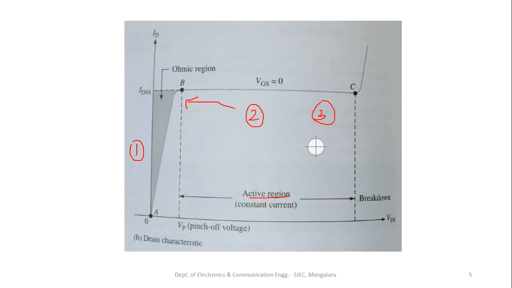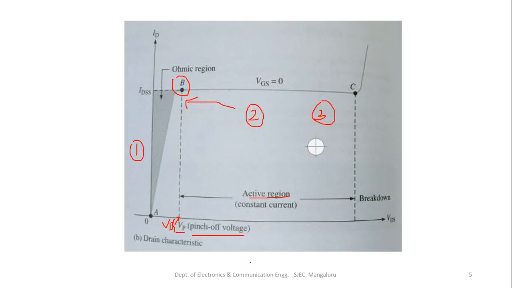Now for VGS equal to 0, the value of VDS at which the ID becomes essentially constant, at point B, is called the pinch-off voltage.